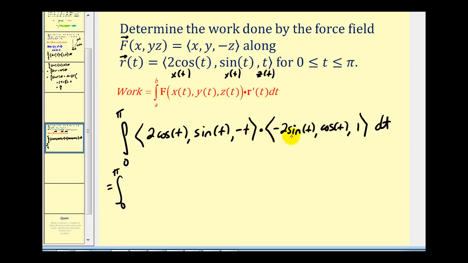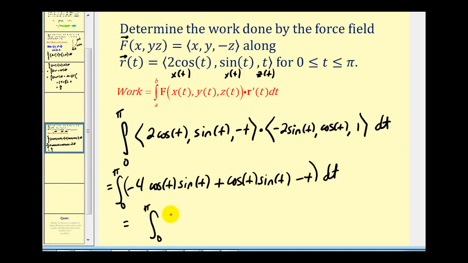So we'll have negative 4 cosine t sine t plus cosine t sine t minus t.